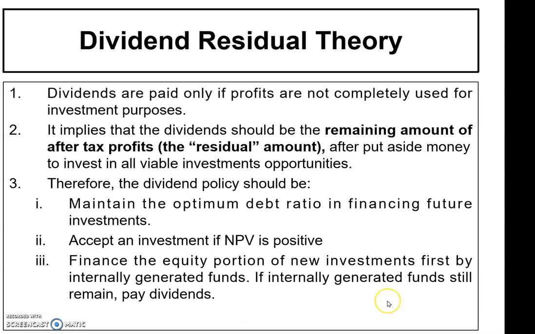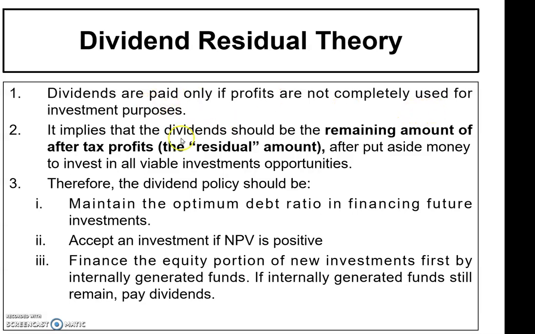Okay, let us continue with dividend residual theory. So I go back to the first point. Dividend residual theory means dividends are paid only if the profits are not completely used for investment purposes.